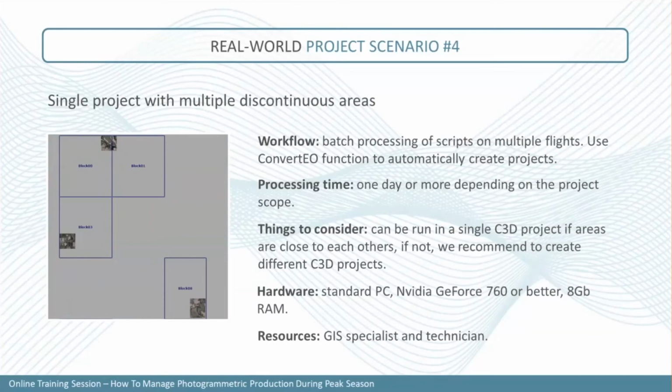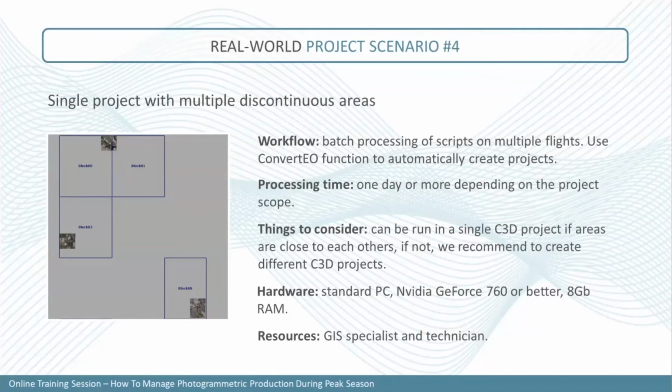However, if they're really far from each other, you can split them out into different projects and then use the script that I've shown previously to have a good workflow. So every project can be used with the convert EO that will create the EO file.